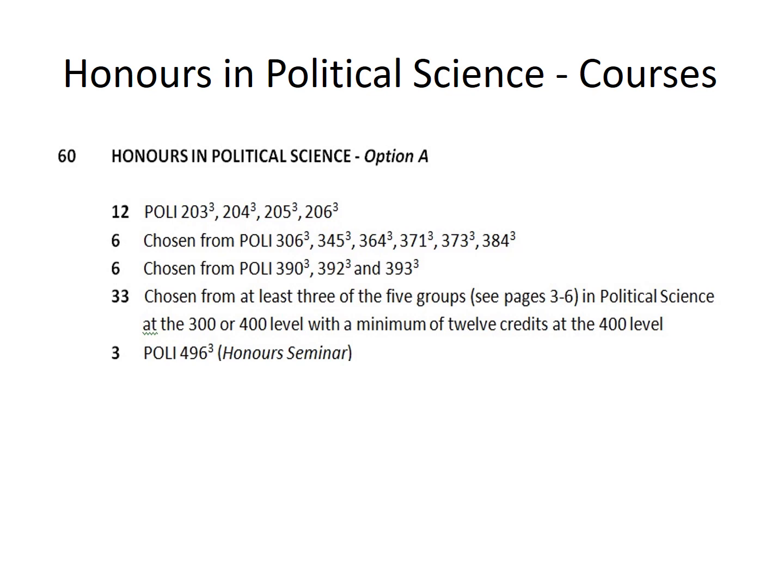There are 2 options, option A, which is the course option, and option B. Option A consists of 60 credits, and it involves the 4 introductory prerequisite classes, 6 courses chosen from among Poly 306, Poly 345, Poly 364, Poly 371, Poly 373, or Poly 384, 6 credits from Poly 390, 392, and 393, which are methodology classes, and then 33 credits from among 3 of the 5 groups.